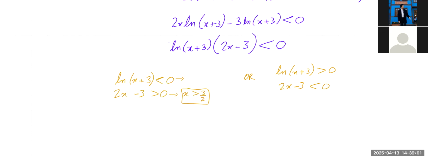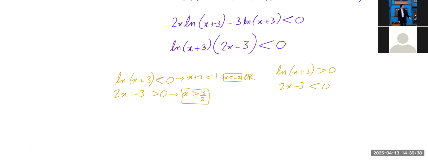Yeah, for a natural log of something to be negative, the inside of the natural log has to be less than 1, basically. And if you want a better explanation, you can think about it like this. You're raising both sides to e, because that's how you solve logarithmic equations, which would give you this. e to the power of 0 is 1, and that is why x plus 3 would have to be less than 1 for this to be negative, which means that x has to be less than negative 2.